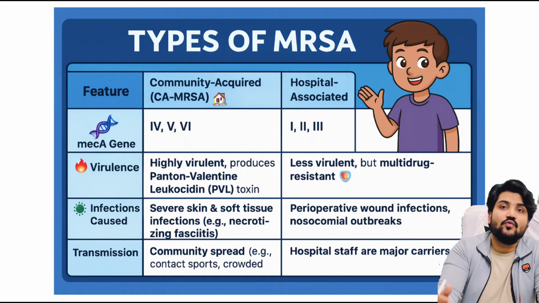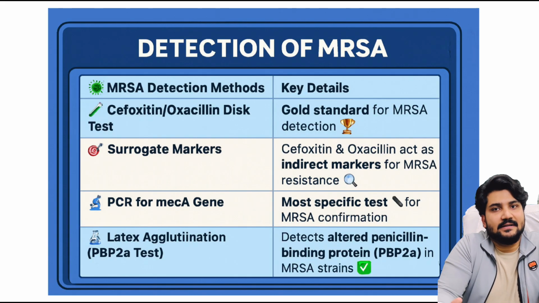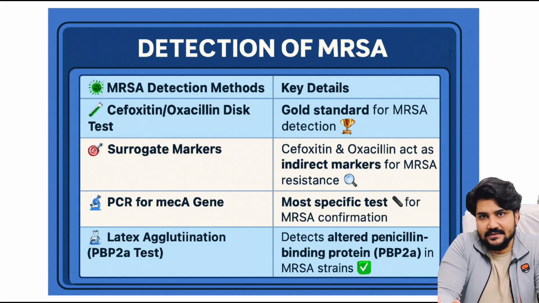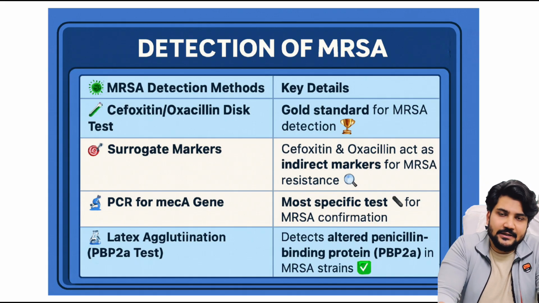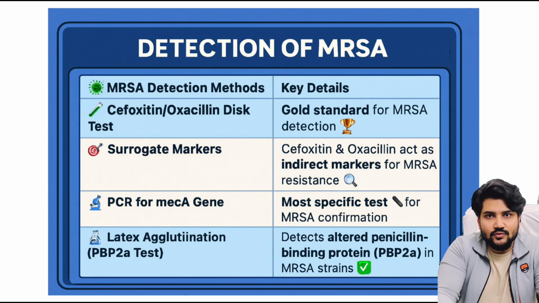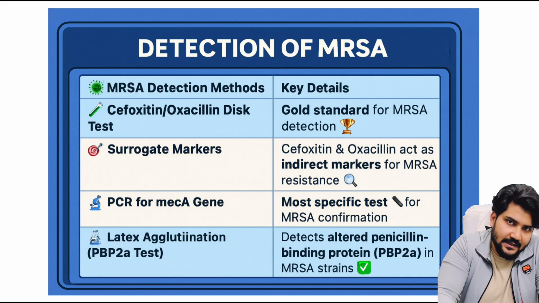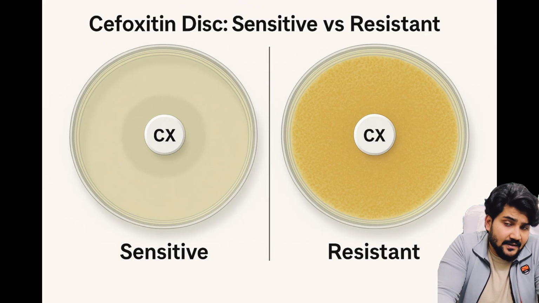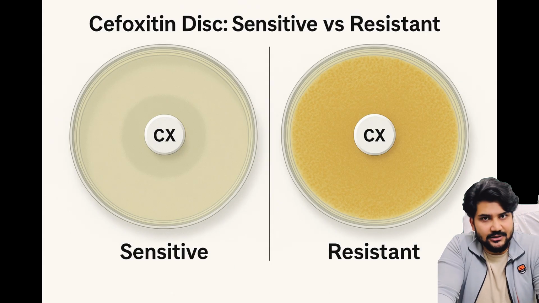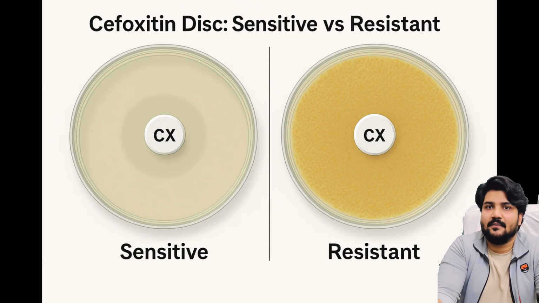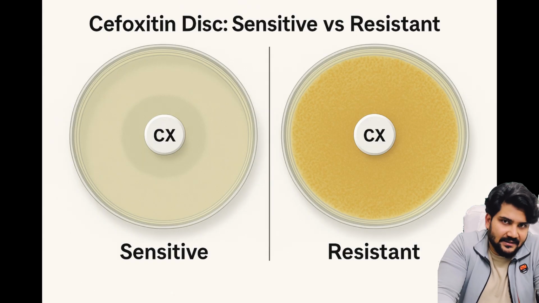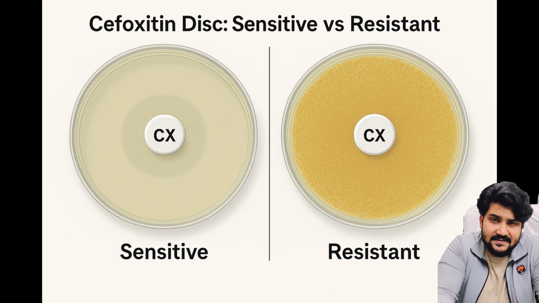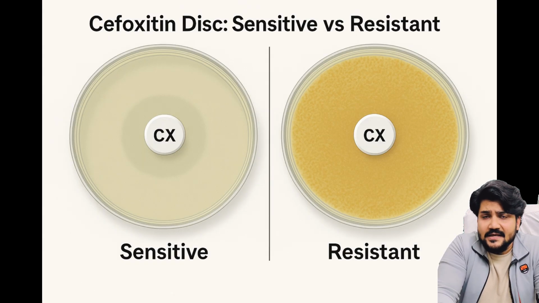Then how can we detect MRSA, methicillin resistant Staphylococcus aureus? For detection, we usually use one disc in our AST plate, and the disc is cefoxitin. This we call a surrogate marker. We are not using methicillin because methicillin discs are not stable.